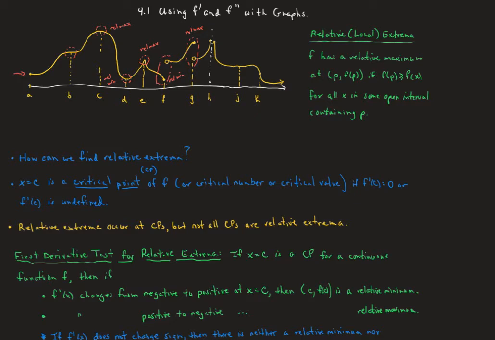Now at H, there is no point on the curve there, so there isn't a relative maximum. And at J, this is really strange, kind of a trivia question. What I'm trying to do here is draw a little horizontal line segment. So this point right here, according to our definition, is the largest y value in some little region around there. Well, it is greater than or equal to the y values around there.